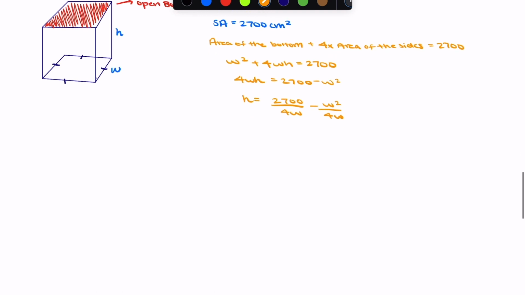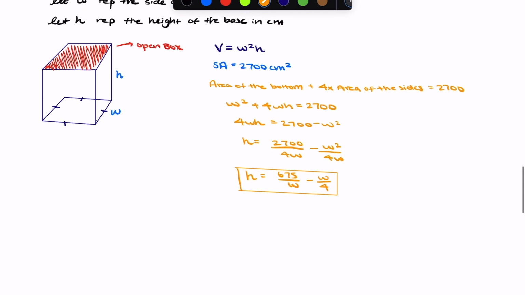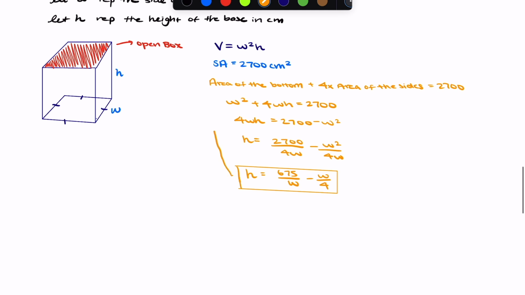And so that will simplify so that we get H is equal to 675 over W minus W over 4. We're going to take what we have for the H and sub it back into our volume formula.